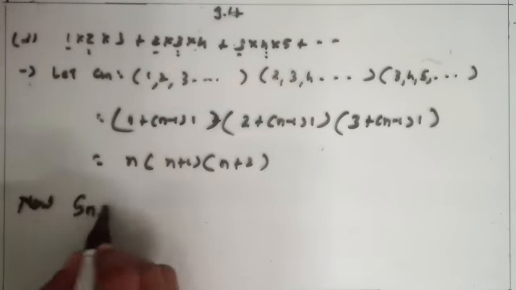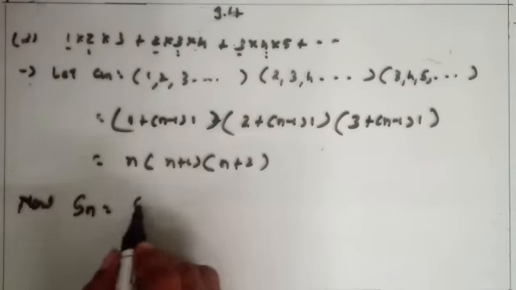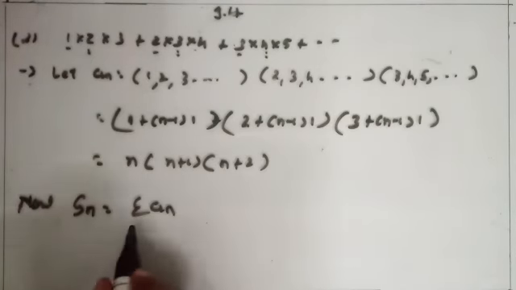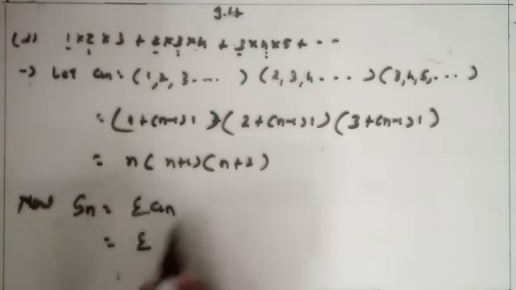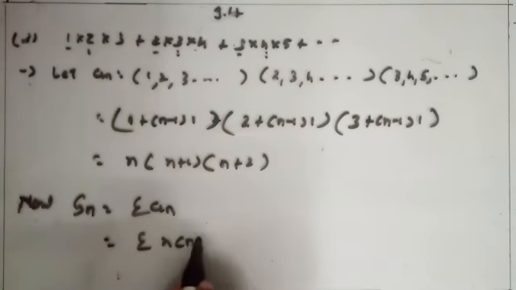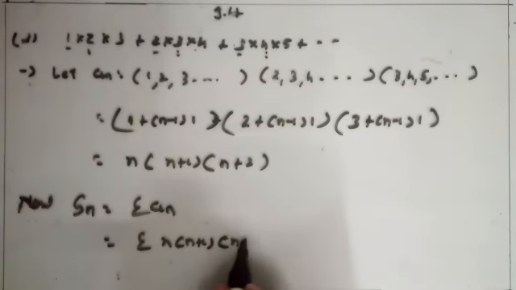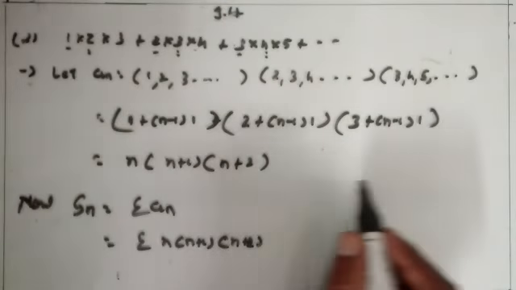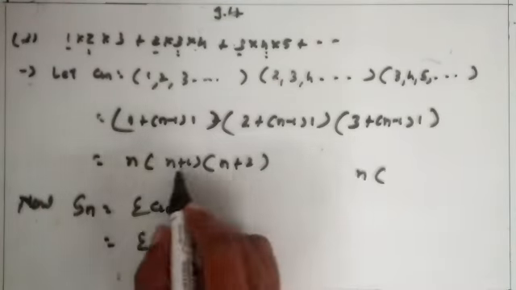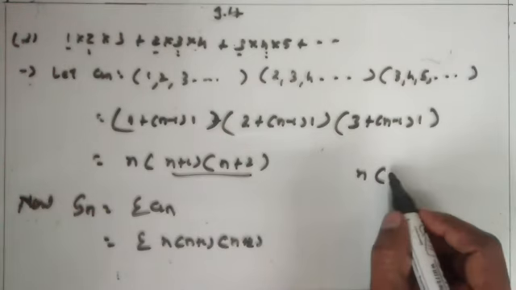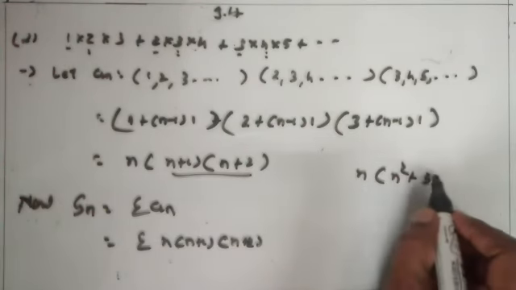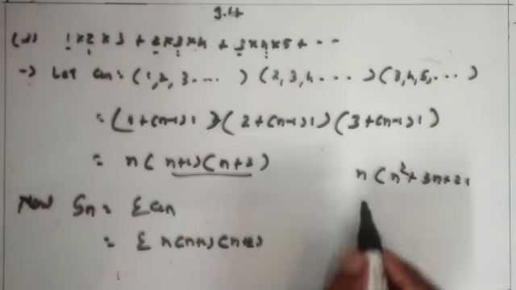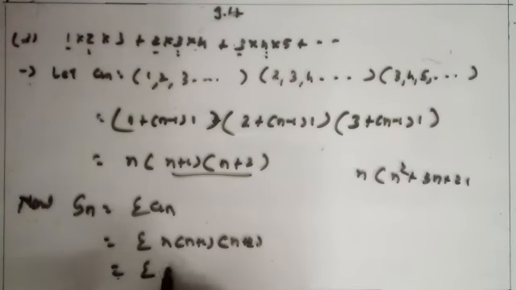Now the sum of all n terms, S_n, is equal to sigma a_n. So it is equal to sigma n(n+1)(n+2), we know. Okay, and (n+1)(n+2) is equal to n square plus 3n plus 2, expanding both brackets. Now taking n inside, we get sigma of n cubed plus 3n square plus 2n.